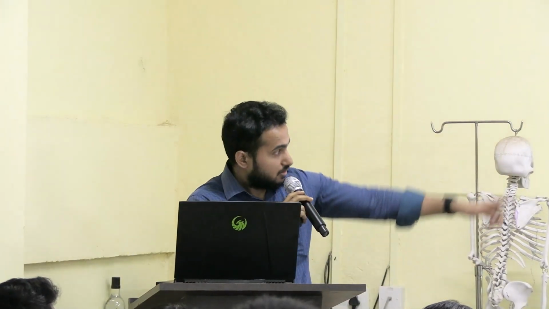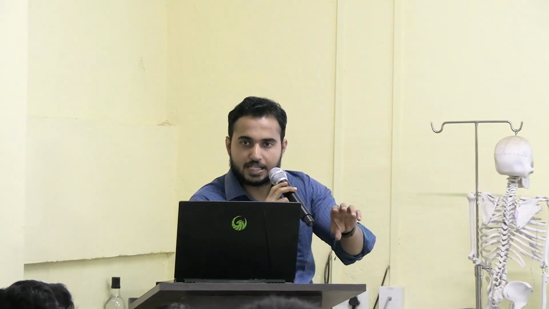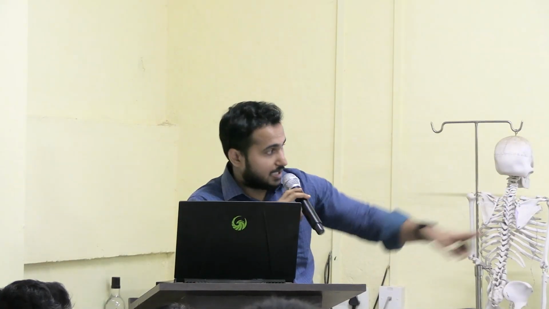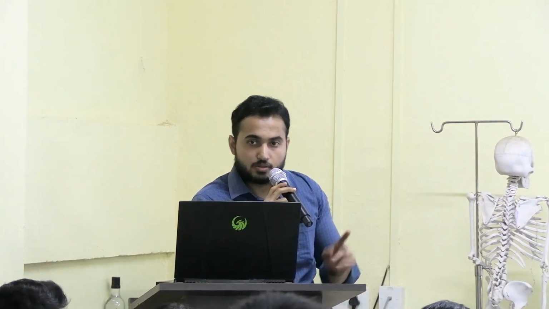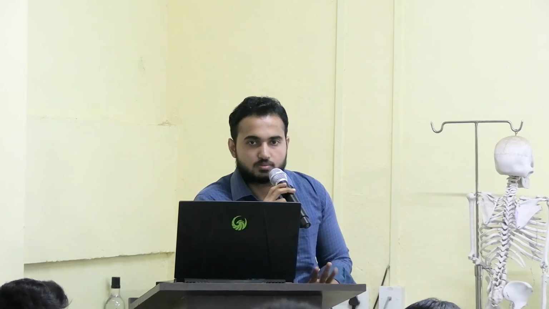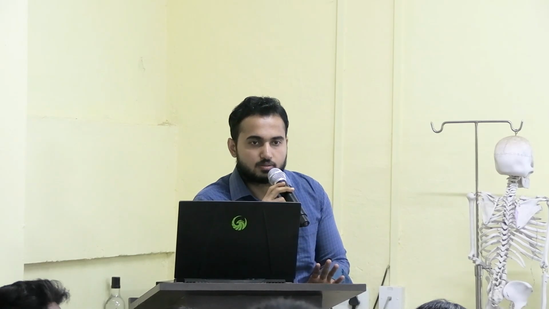Why? Because during the practical exam, this kind of thing will be there. Just imagine you are looking at a slide under the microscope and such an appearance is there. There is no labeling, nothing. You have to identify and write the identifying features, that also within 1 minute. That's why you have to practice. If you don't practice, you cannot identify.